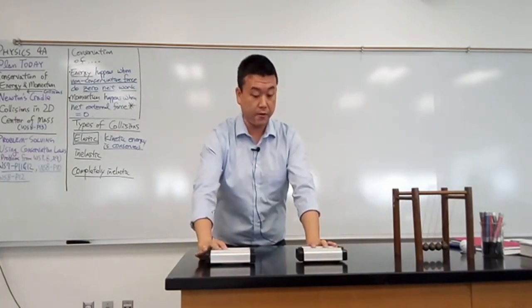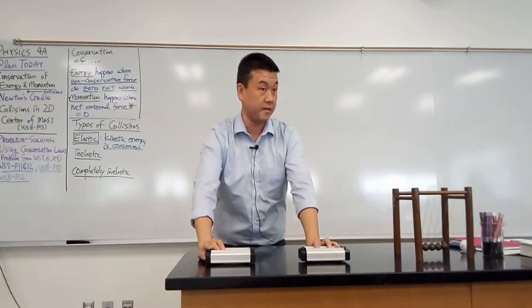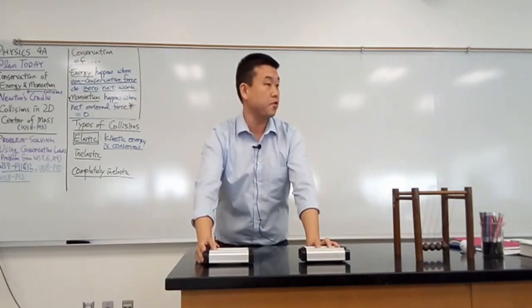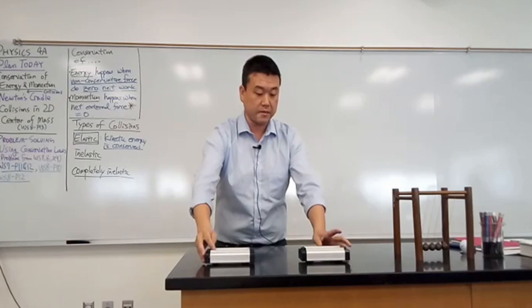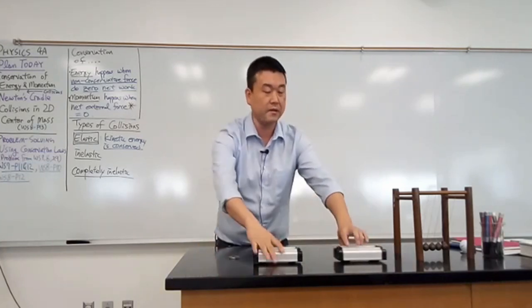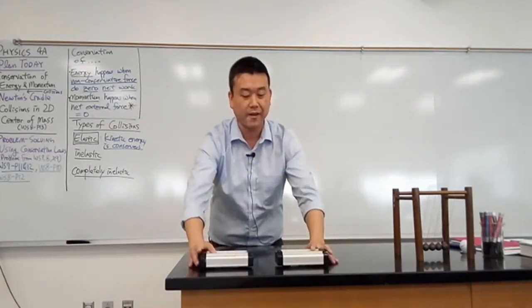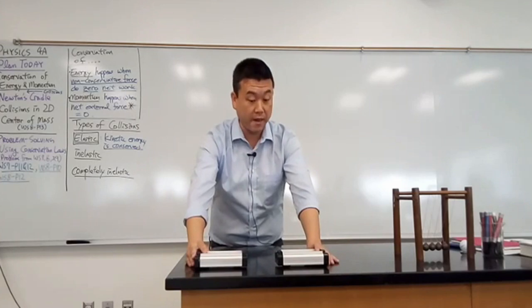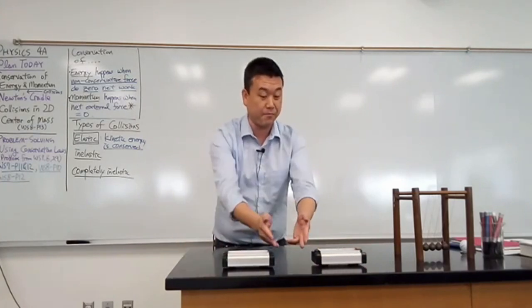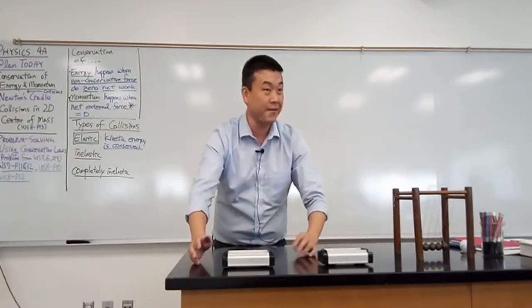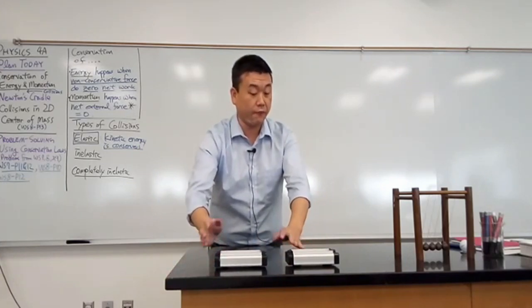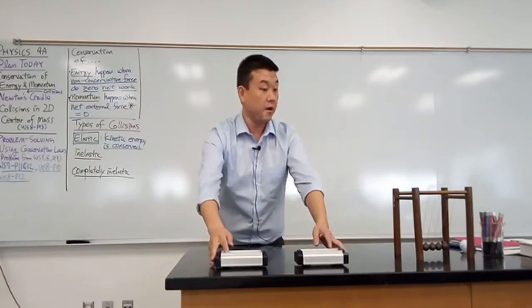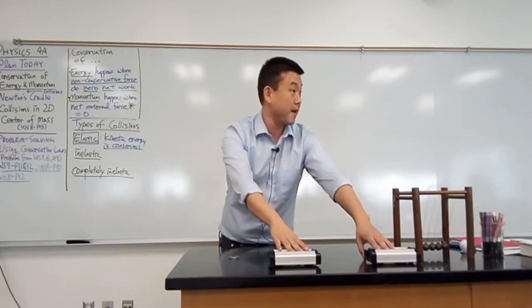So if I tell you the collision between these two carts is elastic, then you leave it up to me to exactly set up the situation that will make it elastic. In this particular case, the way it's made elastic is I put magnets here that repel each other, and they interact in such a way that there's very little loss of energy. So that's how I made it elastic.